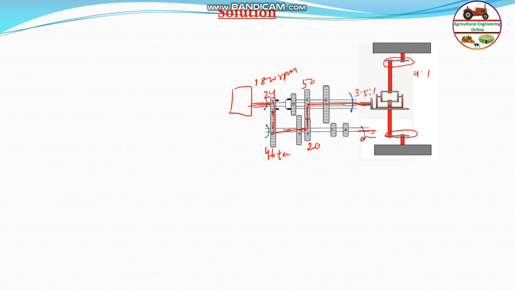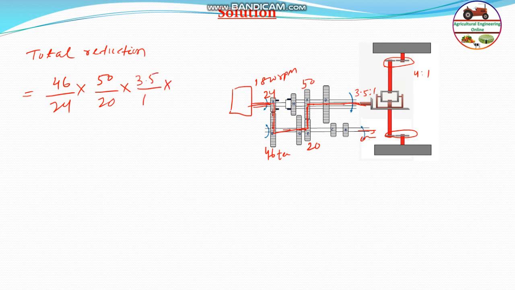Therefore, the total reduction will be equal to 46/24, the first stage reduction, times 50/20, the second stage reduction, times 3.5:1, the third stage reduction, times 4:1, the fourth stage reduction. That will be equal to 67.08:1. So this is the total reduction throughout the transmission system.